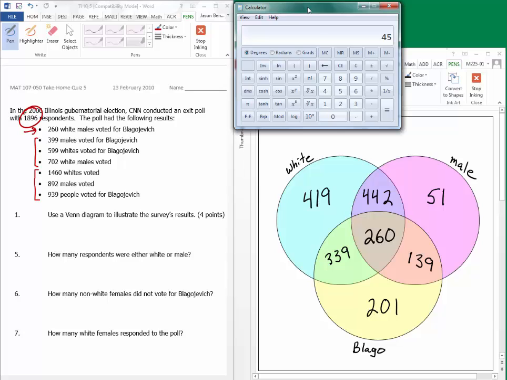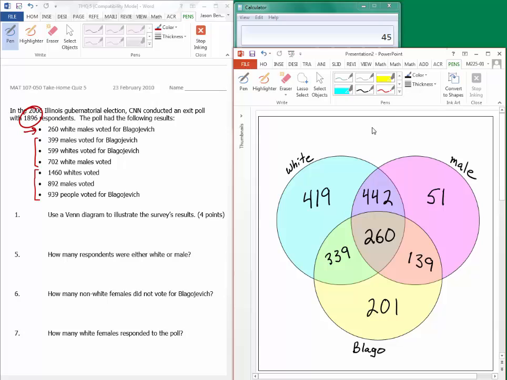I'm 45 short. Well, those 45 voters belong out here. Those are the voters who are outside the union of all these sets. They're the voters who are not white and not male and did not vote for Blagojevich.